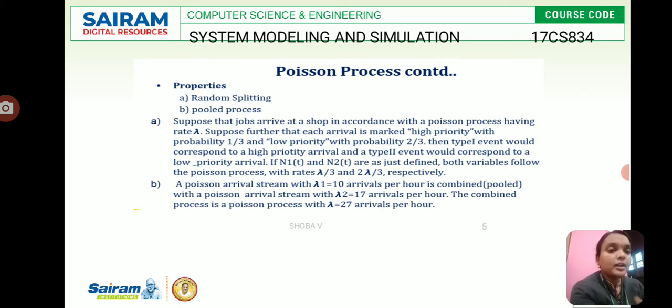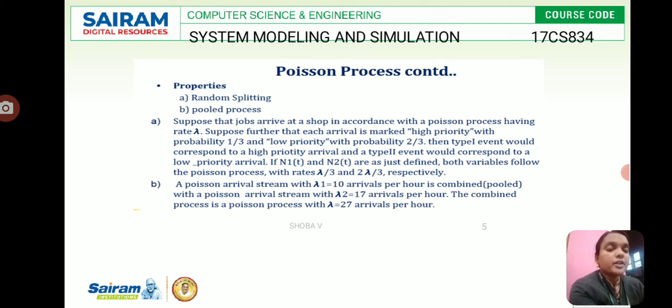Here, what they are saying is that combined is nothing but a pooled Poisson arrival stream. For example, one arrival rate is 10 per hour and another arrival rate is 17 per hour. You can combine both, so 10 and 17, if you sum up, you get 27. So this is the combined process explained in these properties.